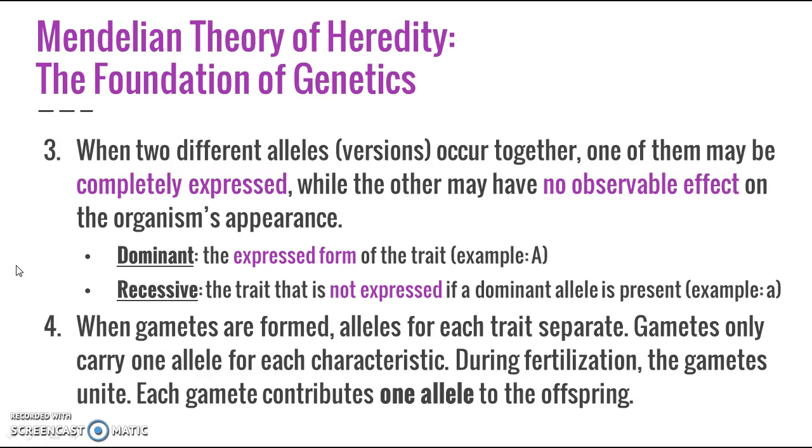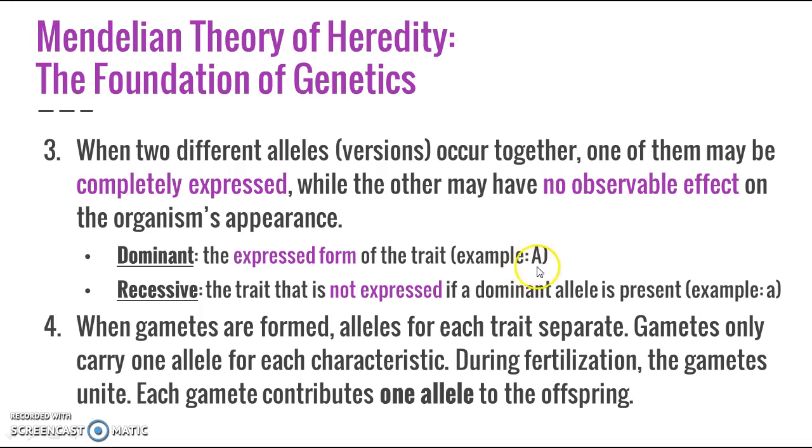In the simplest form of inheritance, when two different alleles are present, for example, a version of the purple flower color and a version of the white, one of these versions might be completely expressed, while the other one might not have an observable effect. Meaning that the expressed form, the form that we actually see, is what we call the dominant trait.